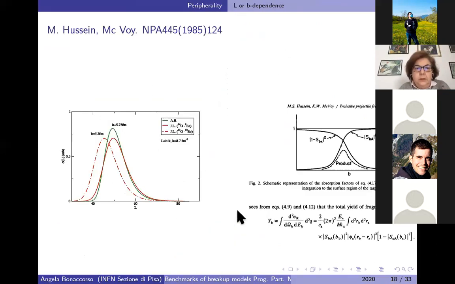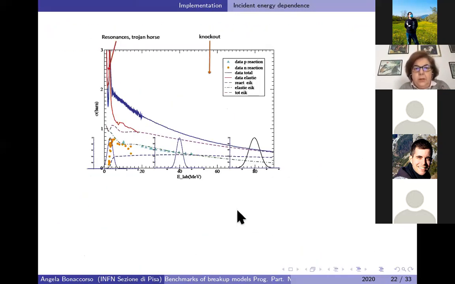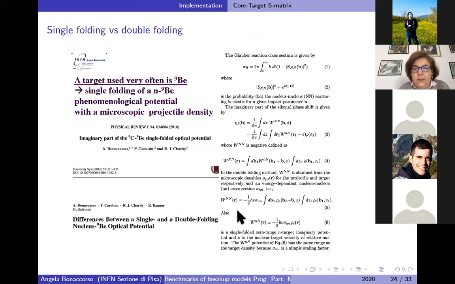So this has traditionally been done in eikonal models through a double folding, which is often called the t-rho-rho method. So one obtains a core-target optical potential with two densities and some neutron-neutron cross-section.